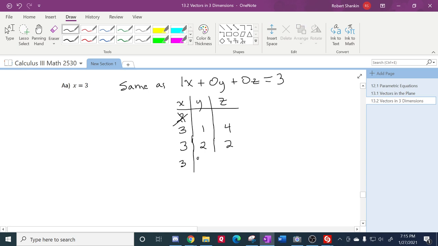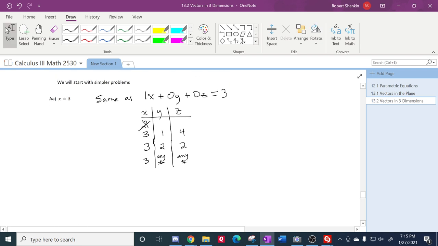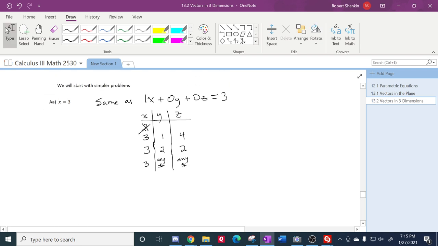The y can be any number. And the z can be any number. And so when I graph this, it is technically a linear equation. But linear equations in 3 space are not going to translate into being a line.